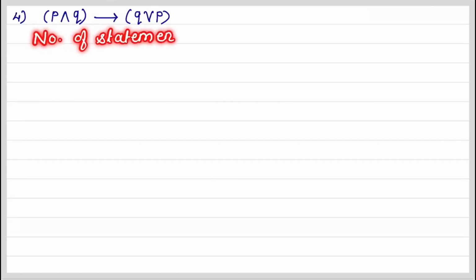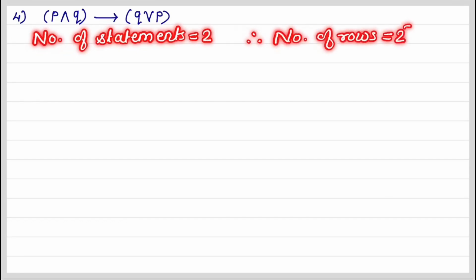4th one. P and Q implies Q or P. How many statements? P and Q are 2 statements. Therefore, 4 rows. And how many logical connectives are there?